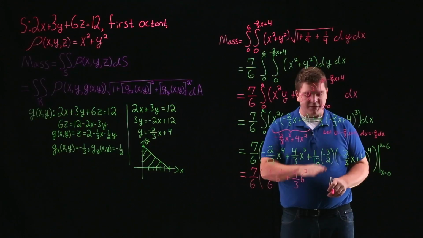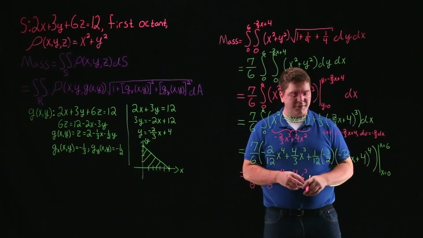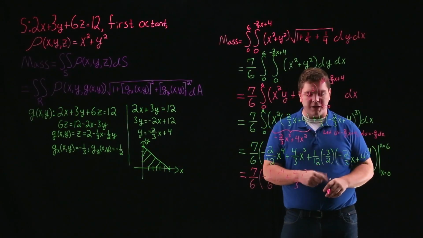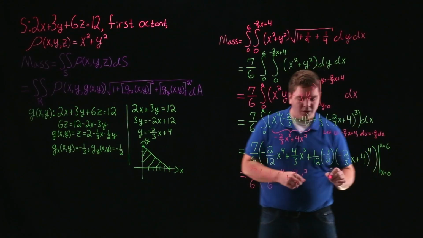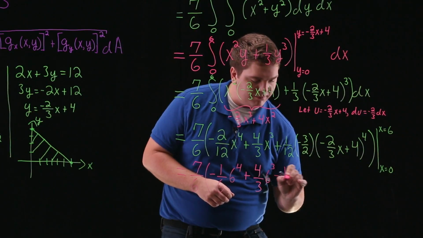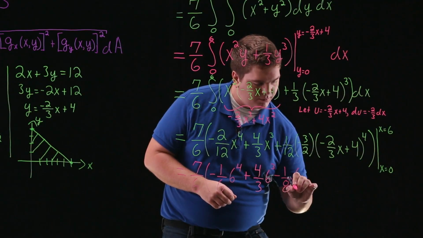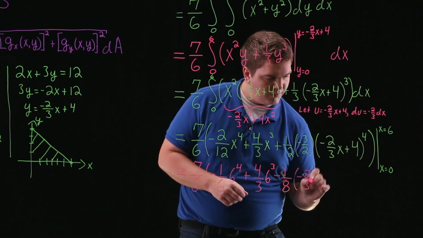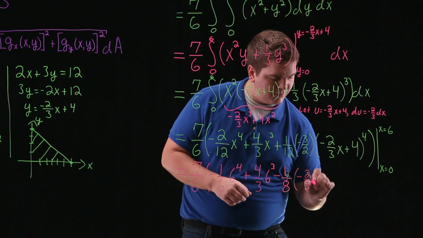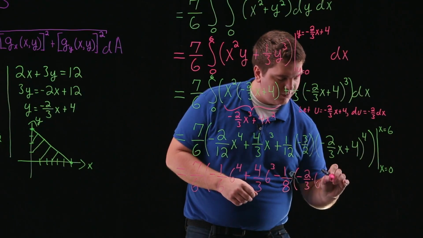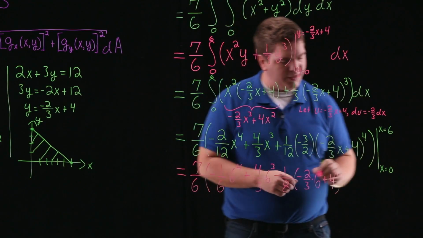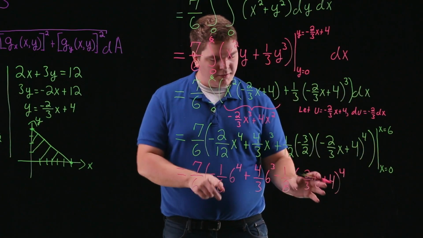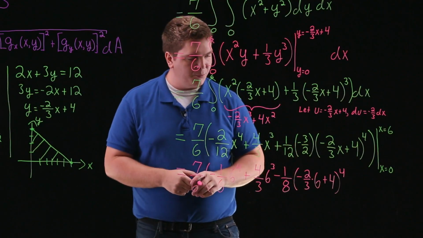Now here, we can imagine this 3 and this 12 give us a 1/4, and then we'll multiply 1/4 by 1/2. That'll give us 1/8. And since this 3/2 was negative, we'll be subtracting a 1/8 times negative 2/3 times 6 plus 4, this raised to the 4th. So this is what we get when we substitute in 6.